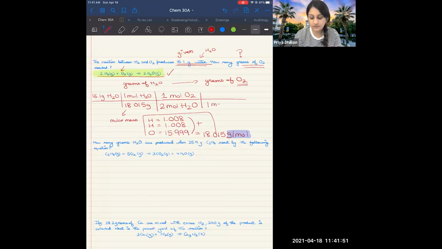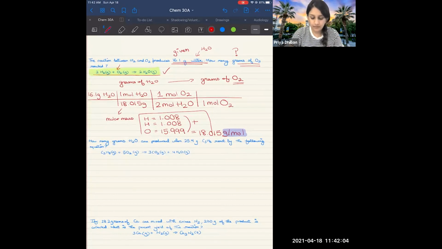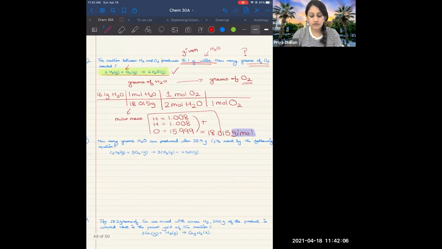So we're going to have to find the molar mass of O2. Since we have O here, you won't even have to look at your periodic table. So we have 1 oxygen is 15.999. So what would be O2?